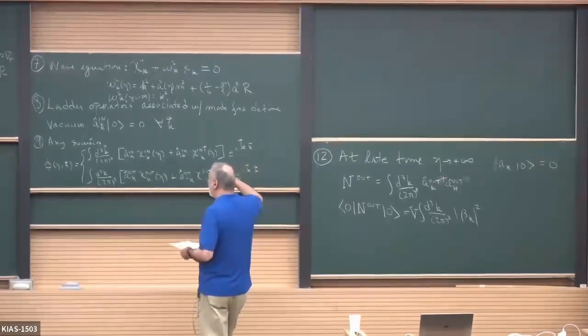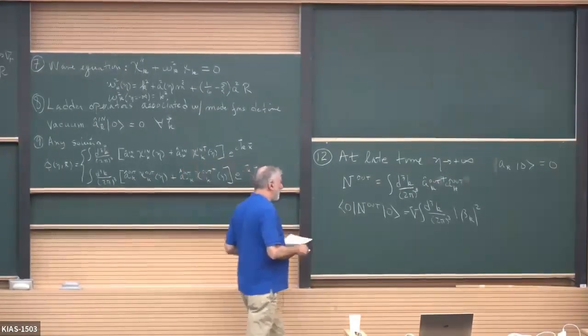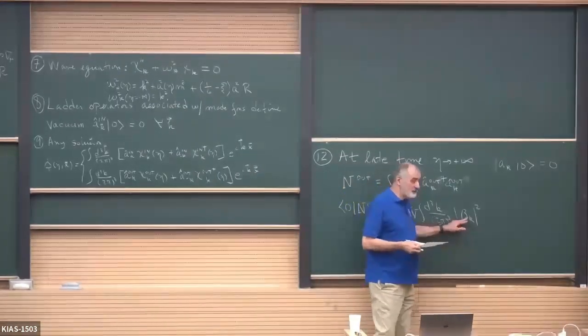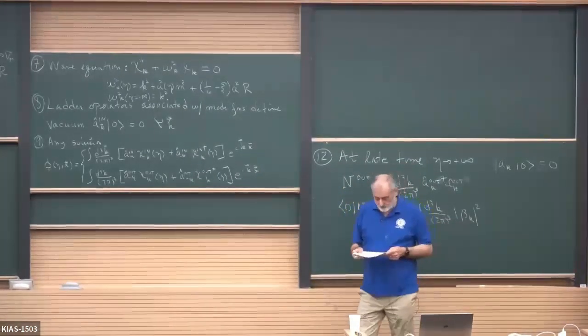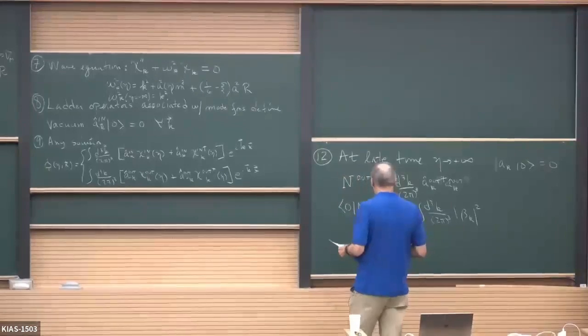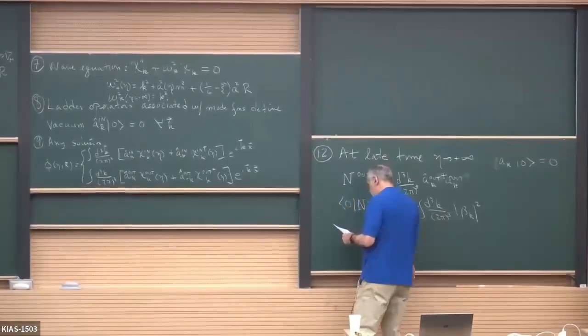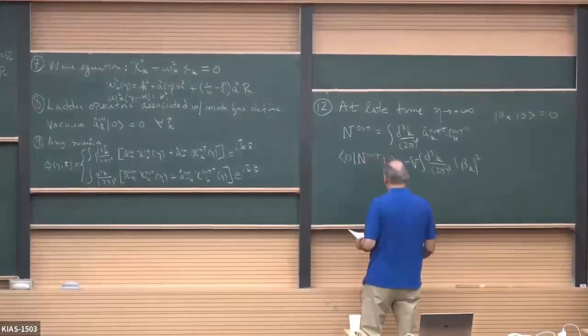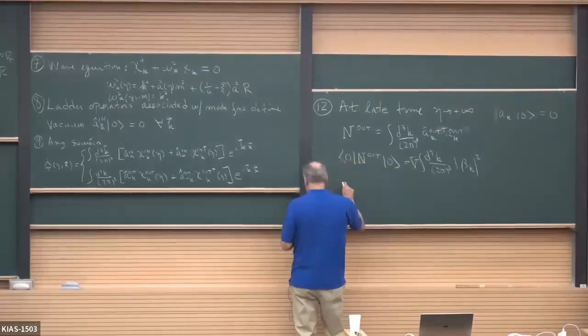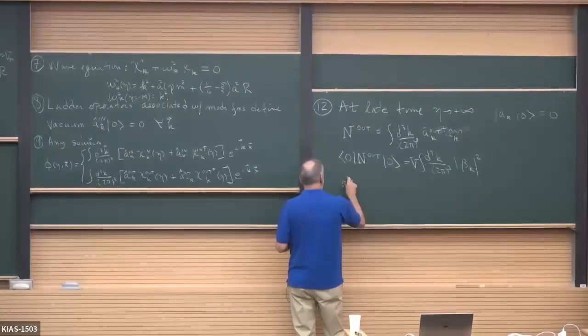Okay, so again, this is just related to the Bogolubov coefficient squared. Then I will also write this in terms of the volume as a cubed n.